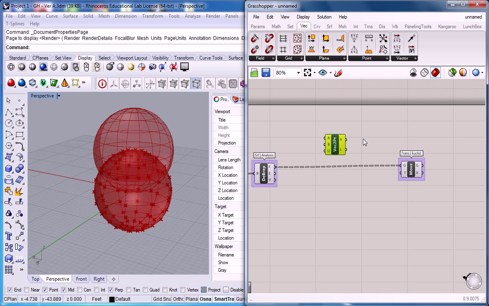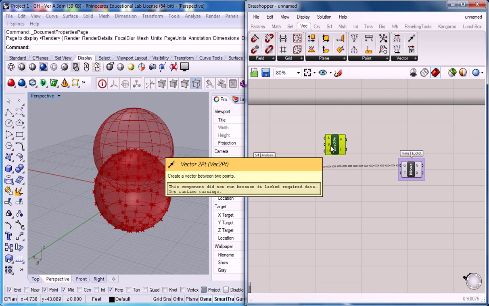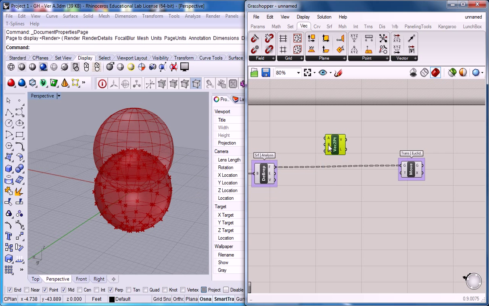Vector 2 point is going to be paired with a multiplier. But let's take a look at how we're going to communicate with it. So it's asking for a base point. It's also asking for, well, the secondary point, which essentially would be what? Think back to what kinds of data we have available to us when we deconstruct.